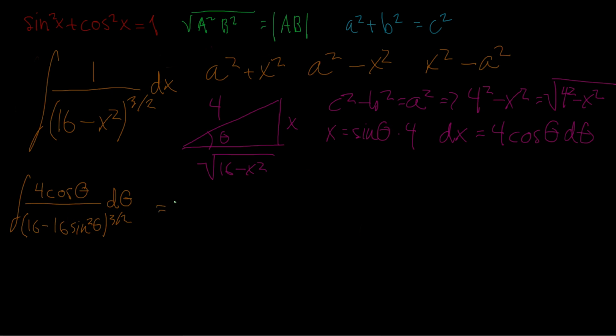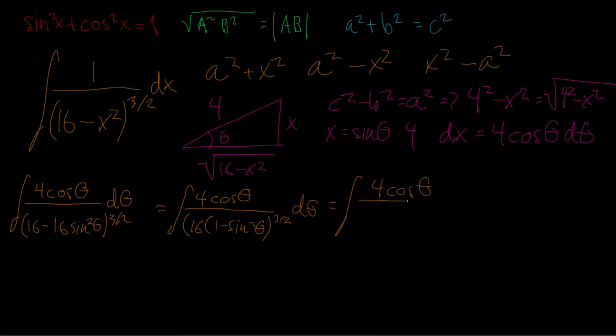And now I'm going to pull that 16 out and try and interpret that part in the denominator as the product of two squares. And so we're going to get, which is just going to be equal to the integral of, and now I'm going to distribute this 3/2 into my expression right here.